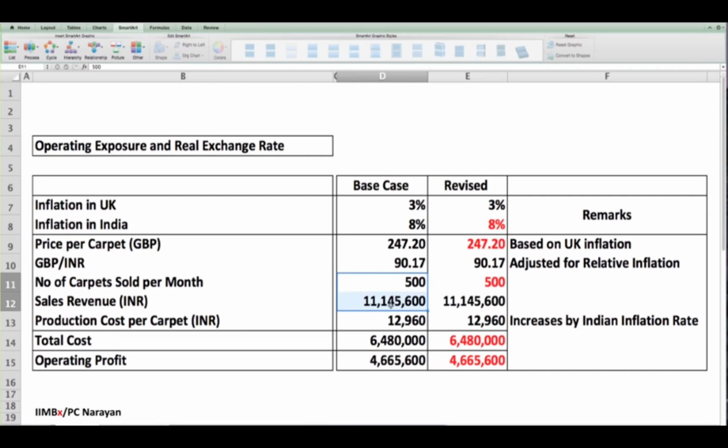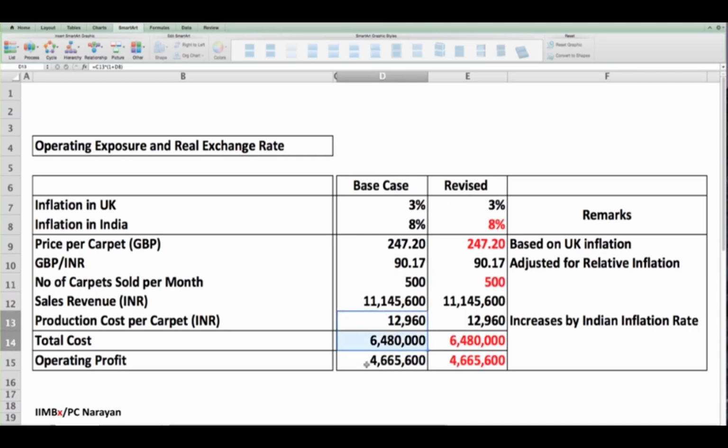Let us also say the cost of manufacturing a carpet for the Indian manufacturer is 12,960 Indian rupees. So multiply that by 500, you would get a total production cost of 6.48 million.